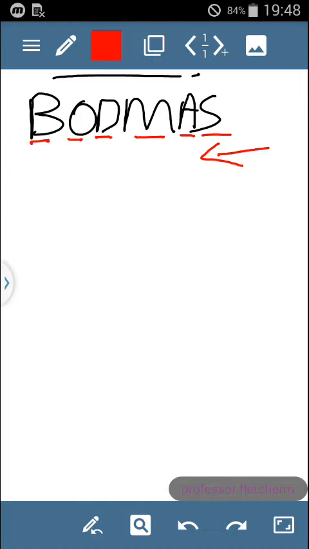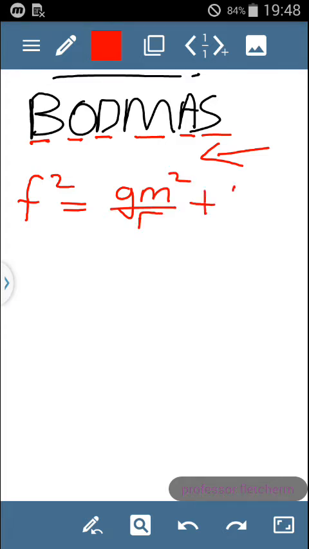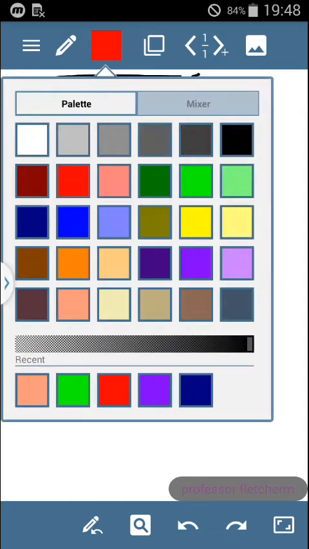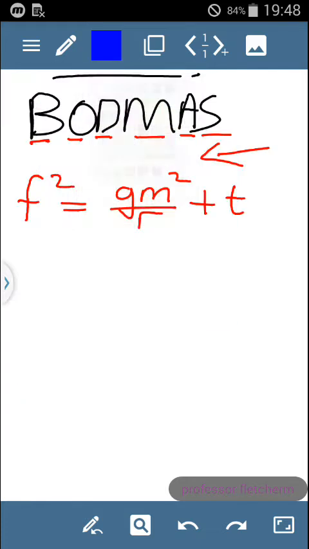So let's have an example, something a bit tough, challenging. Let's say we have this expression: f squared is equal to gm squared over r plus t, and we are asked to make r the subject of the formula.